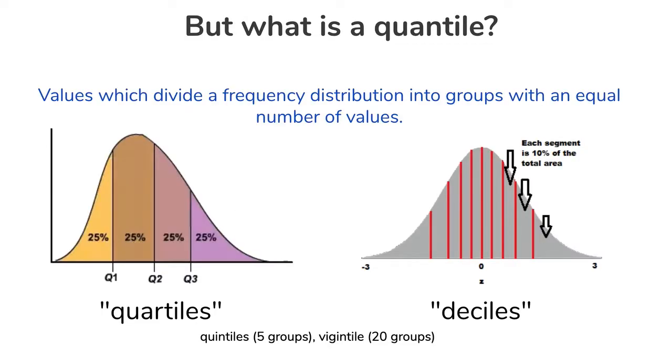Okay, so first of all, we have to think about and define what a quantile is. Quantiles are taking a distribution or a collection of values and breaking them up into ranges that have the exact same number of values. A decile, for instance, is a quantile, and each decile has 10% of the data. So you're sorting the data in ascending order, smallest to largest. If there were 100 values, each decile would have 10 values in it.